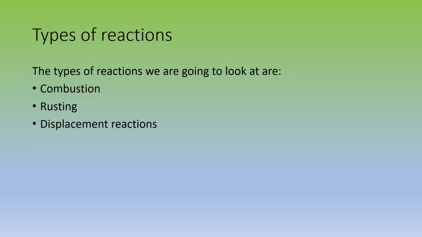So the 3 we're going to look at today are combustion reactions, reactions that involve rusting, and a little bit more information on those, and then reactions known as displacement reactions. We're going to give you some information on those, and again, there will be questions on EDUCATE that will test you on your knowledge from these.